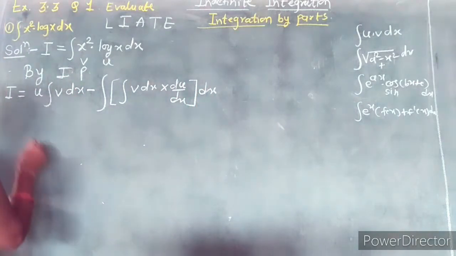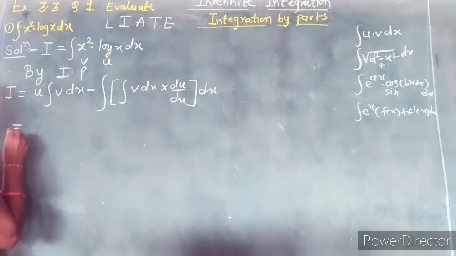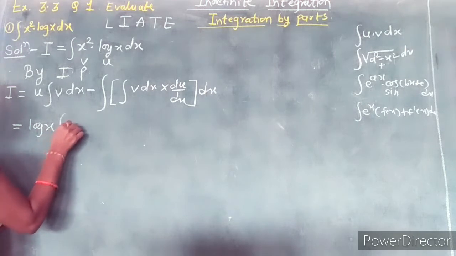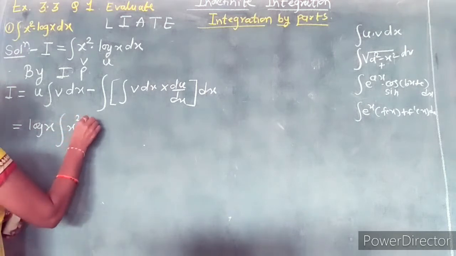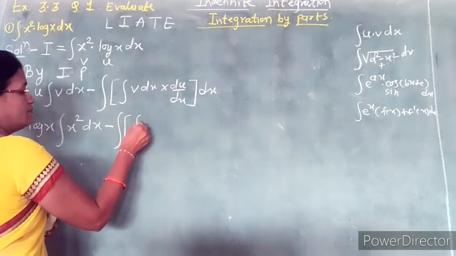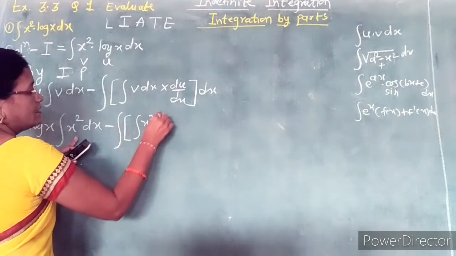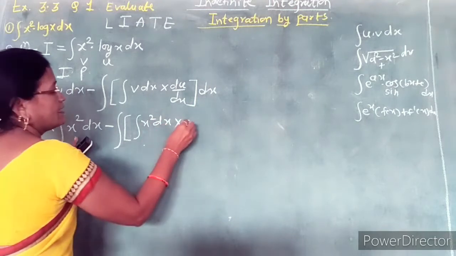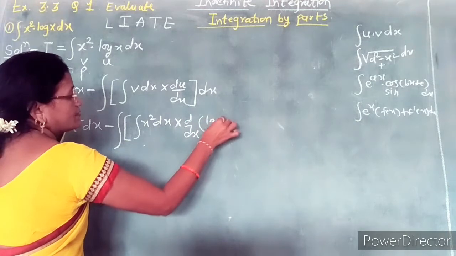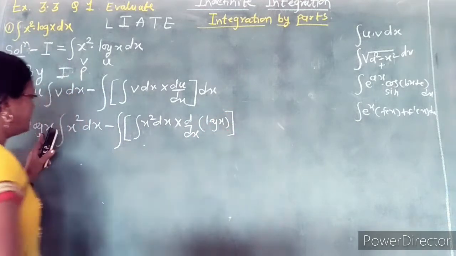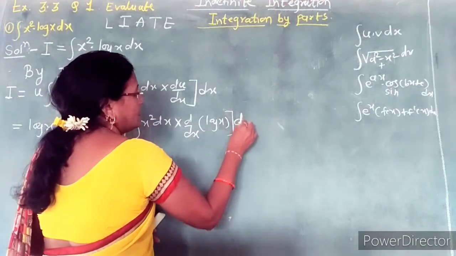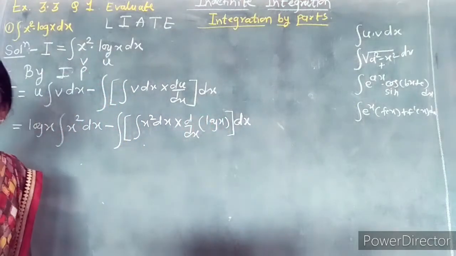By using this result, we take the value of u. u is equal to log x times the integral of x square dx minus, again, the inner integral, meaning the value of v, x square dx, multiplying d by dx of u, but here u is nothing but log x, multiplying the derivative of log x, and the whole integral with respect to x.